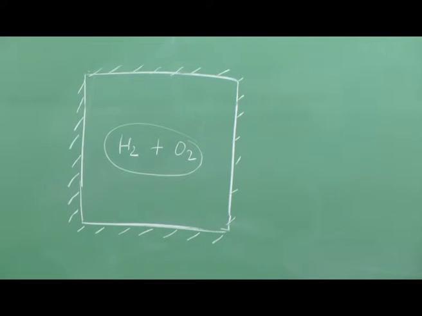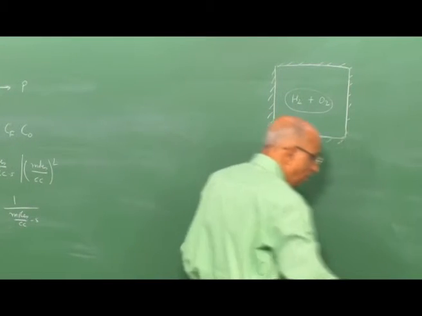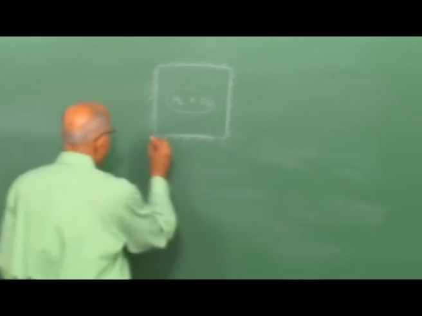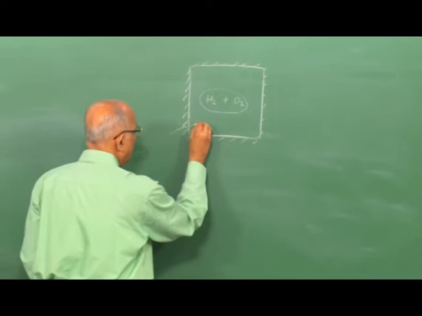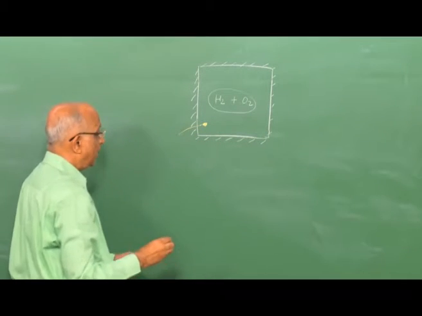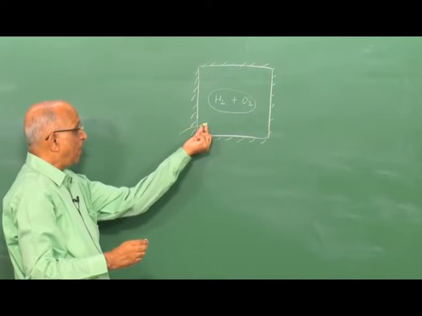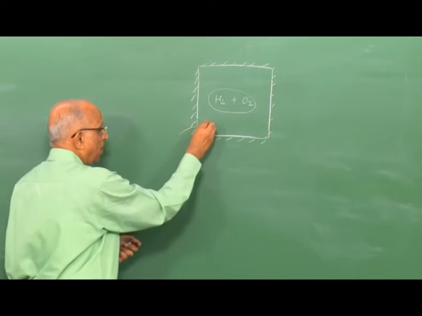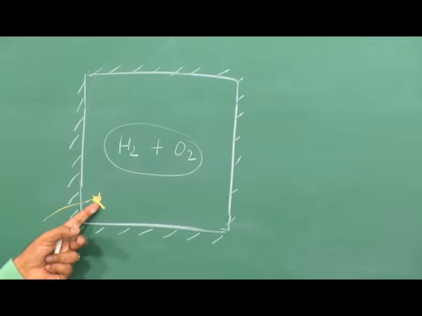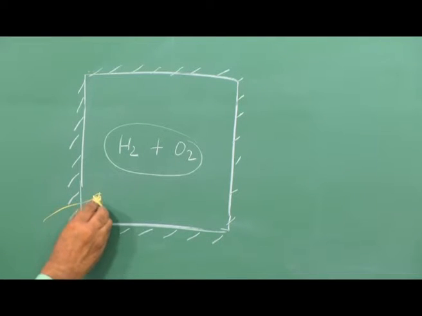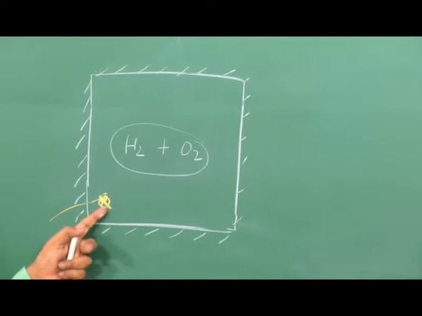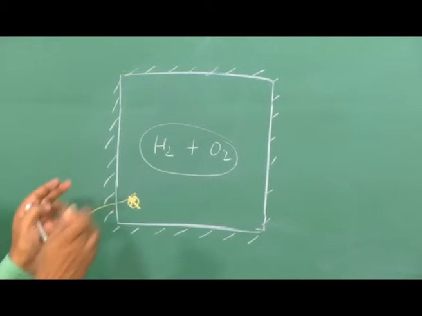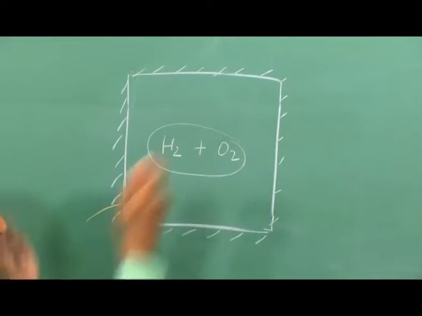In order for a reaction to take place, I need to deposit an electrical spark, like in an IC engine. I have a petrol mixture in my cylinder, I put an electrical spark in, that means I release some amount of energy, I activate the chemical reaction, and it goes with a bang, it explodes.